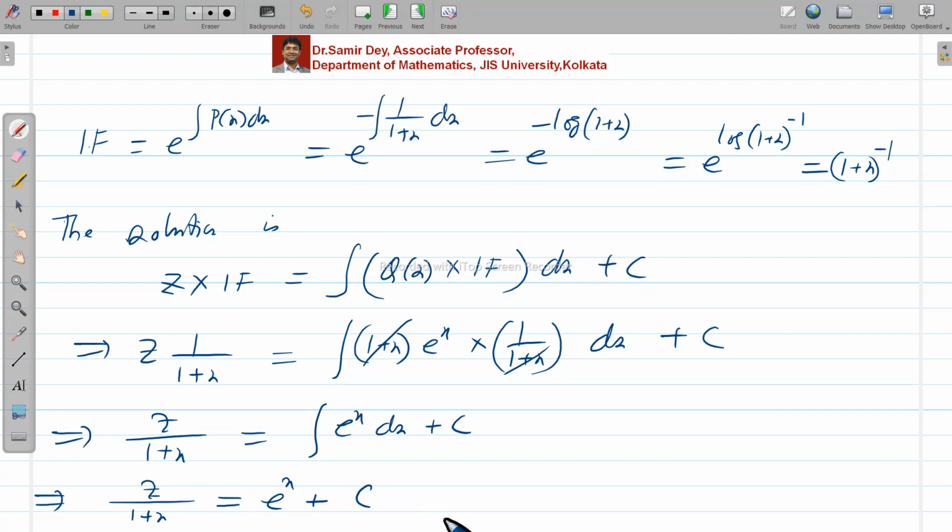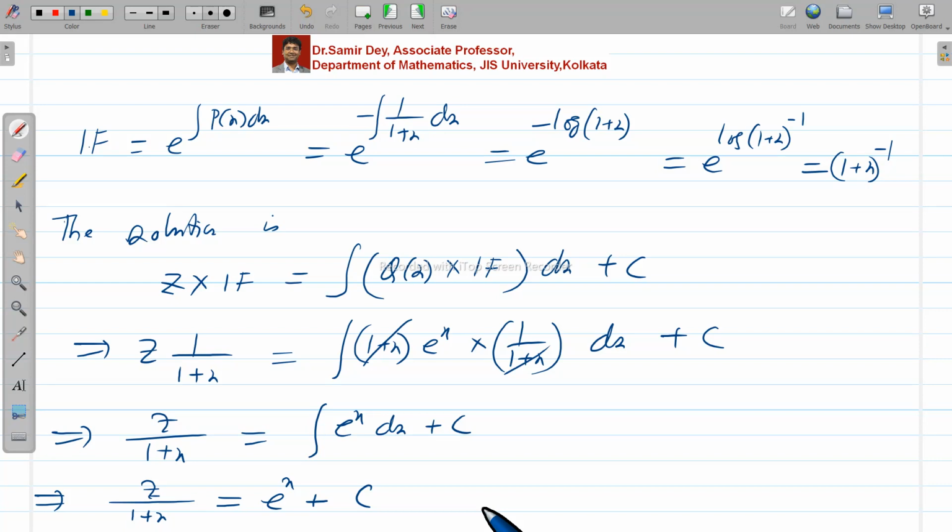Okay, your calculation is over. But you can see our problem is given in terms of y, but you have substituted some other variable because of the transformation, to get your linear equation. Now your solution is available in terms of z and x. Now you have to replace z in terms of y.